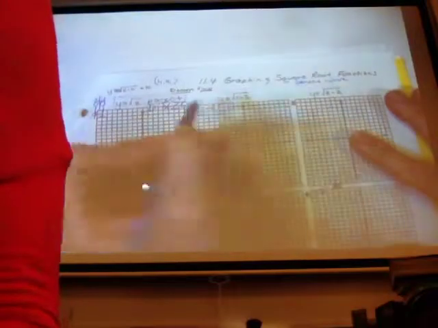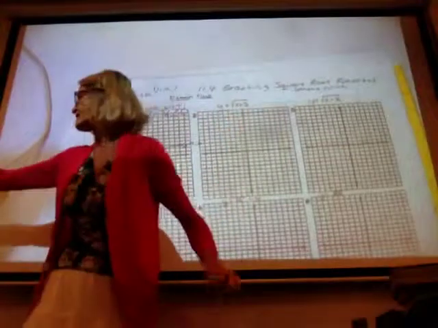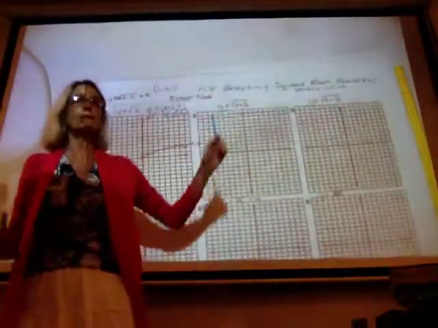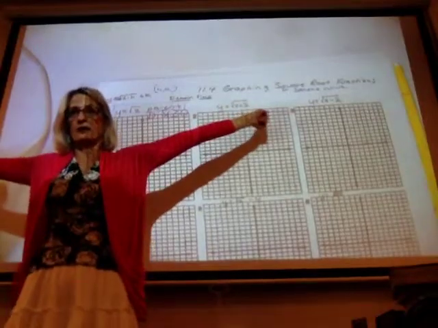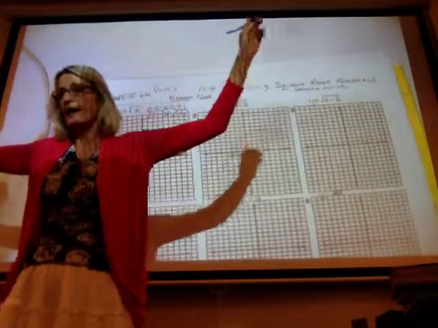So let me just write it up here: y equals a square root of x minus h plus k. What am I substituting into this box to get a positive 3? What would the h have to be? It would have to be a negative 3 because x minus a negative 3.